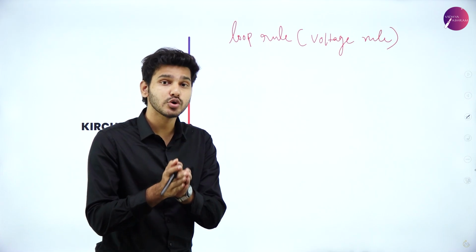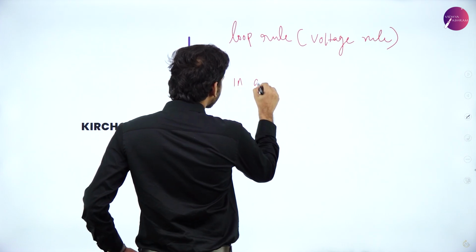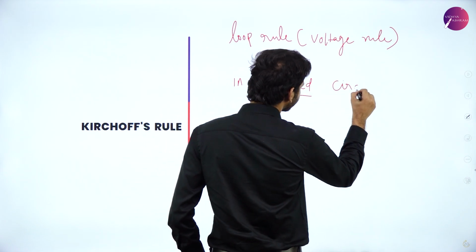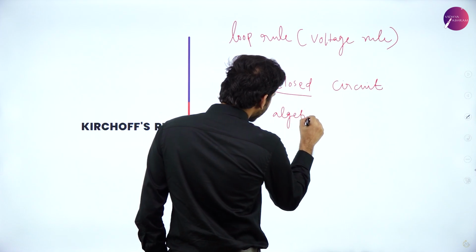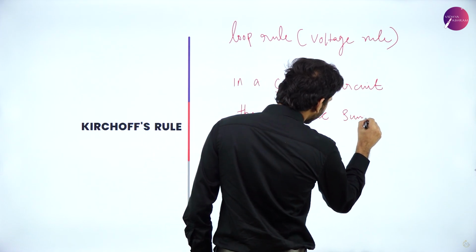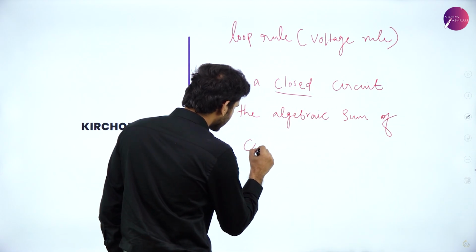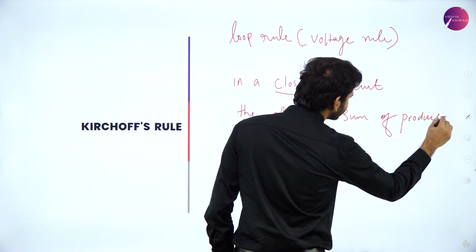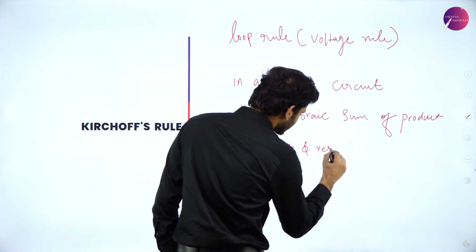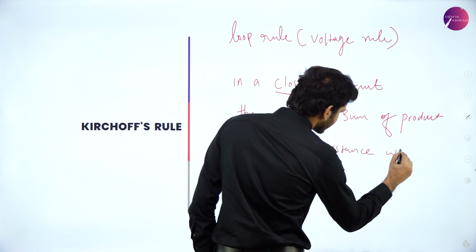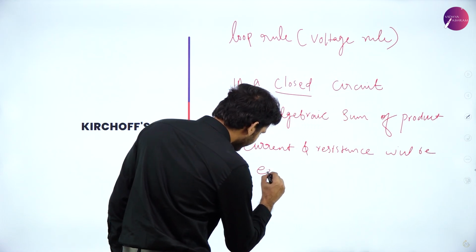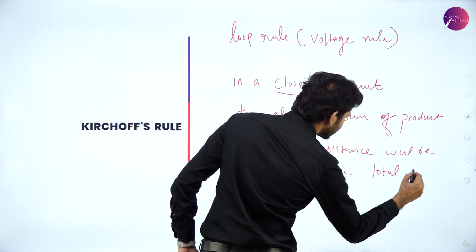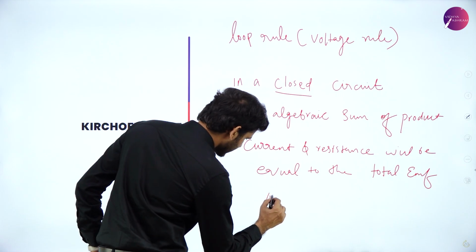That is, the loop rule states that in a closed circuit, which is very important, the algebraic sum of the product of current and resistance will be equal to the total EMF in the circuit.